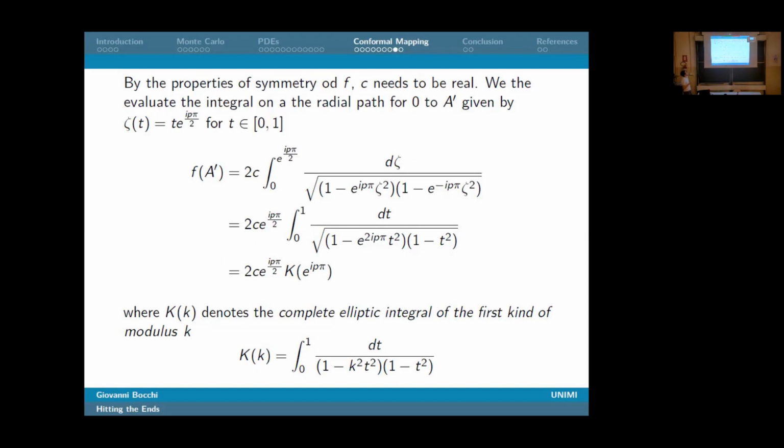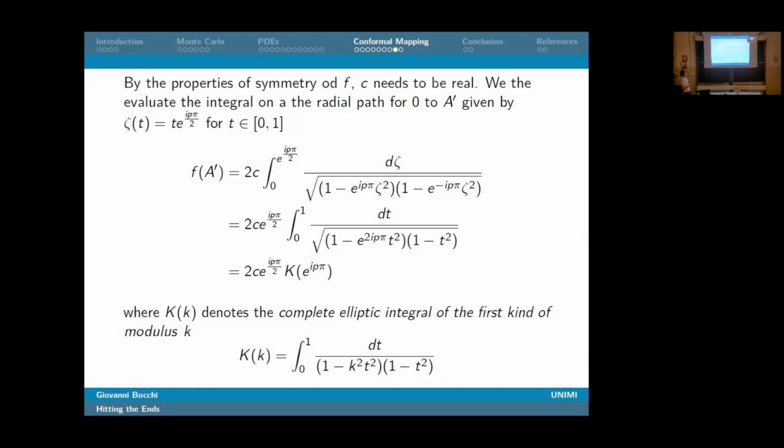So this is our path, and we will make the substitution that leads us to this now real integral with just complex numbers in the denominator, and we can take out this e to the i p pi over 2, and we are left with this integral that I will denote as K evaluated at e to the i p pi, where K, big K of little k, denotes the complete elliptic integral of the first kind of modulus k, which is defined here.